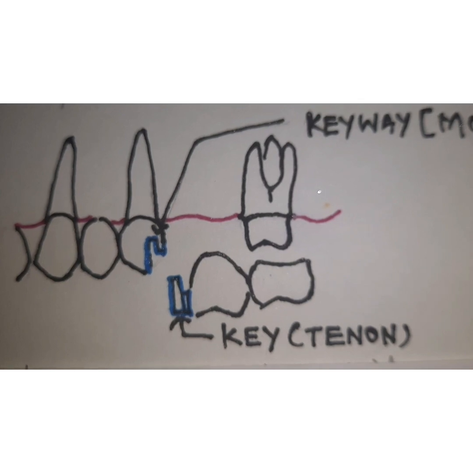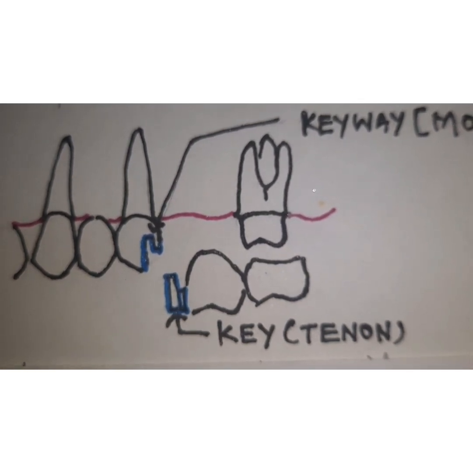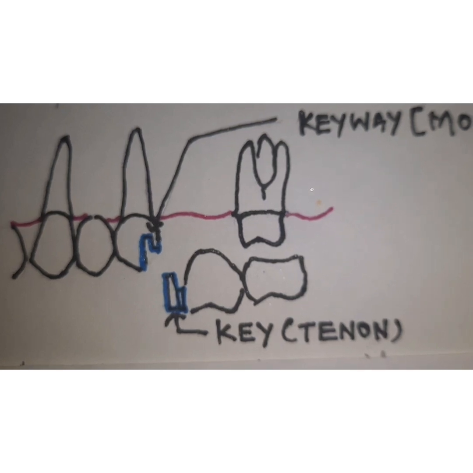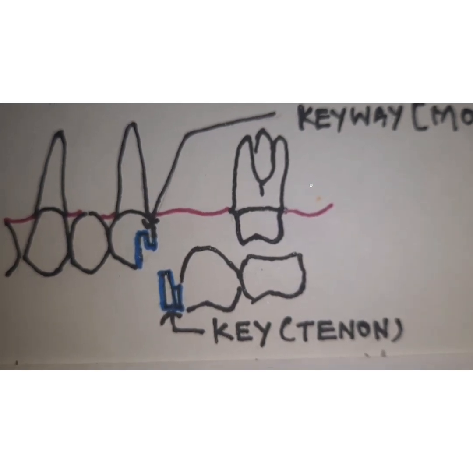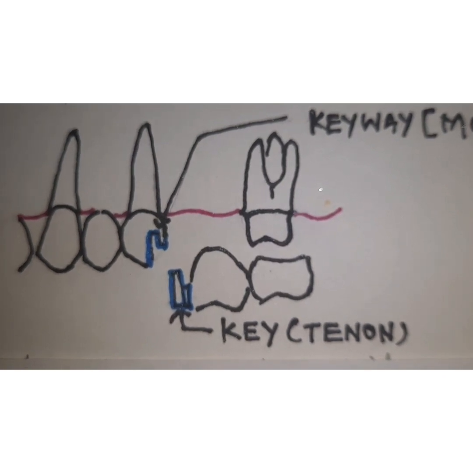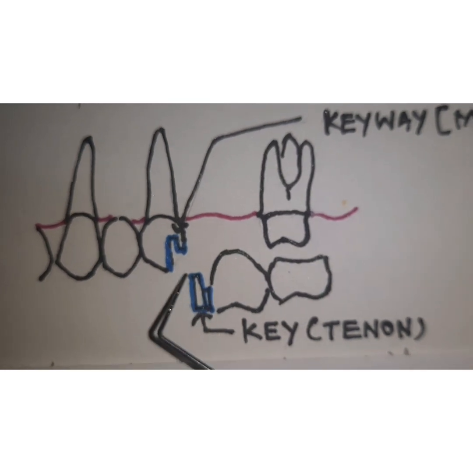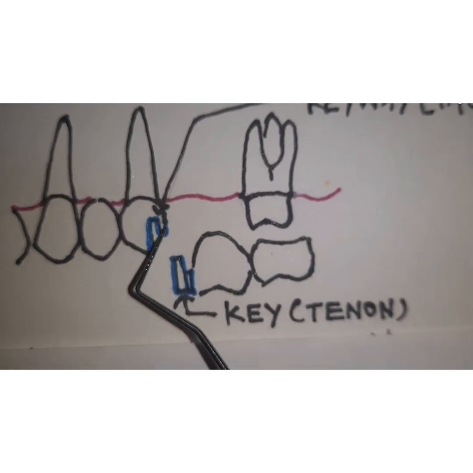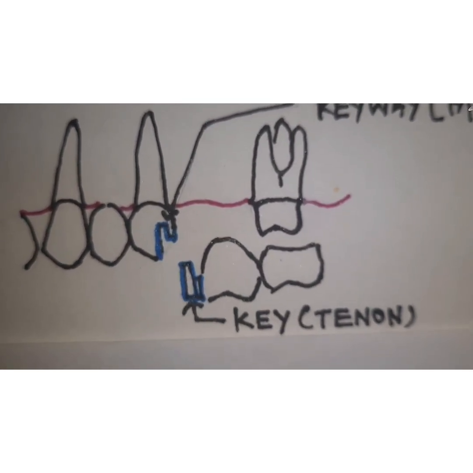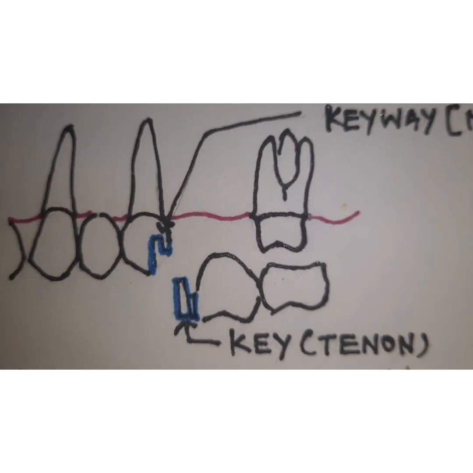This is one of the most commonly used non-rigid connectors, and the alignment of this design is very critical, as it should have parallelism. The key and the keyway should be parallel to each other, so that they can insert in one direction, that is, in one path of alignment.